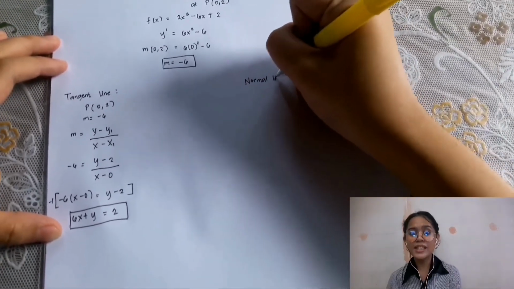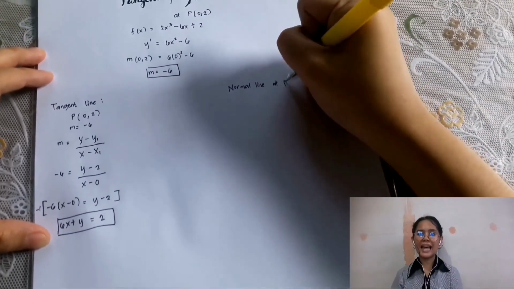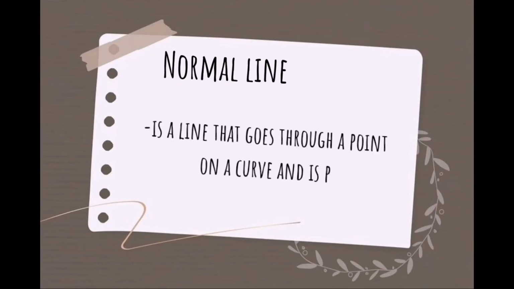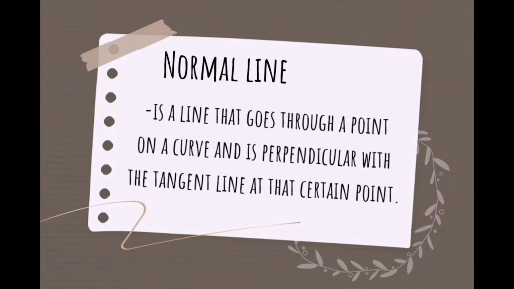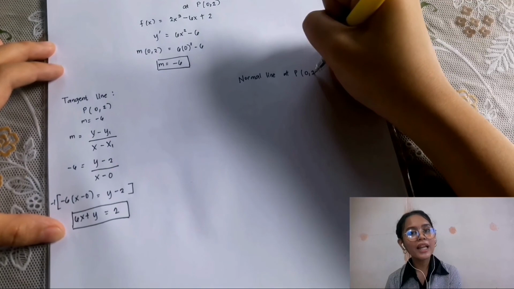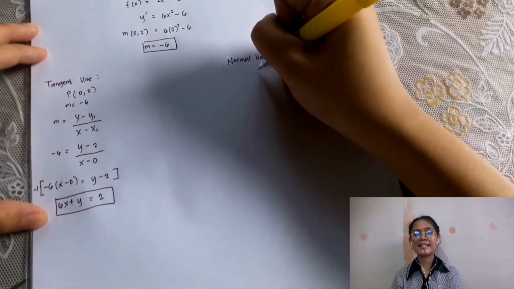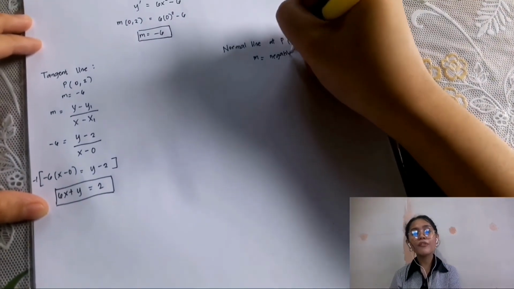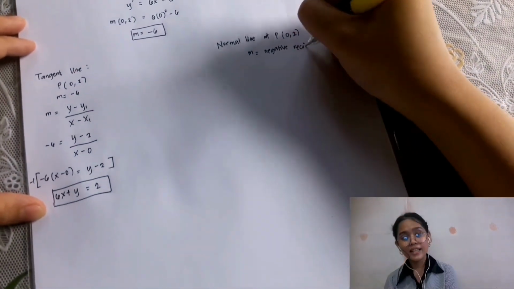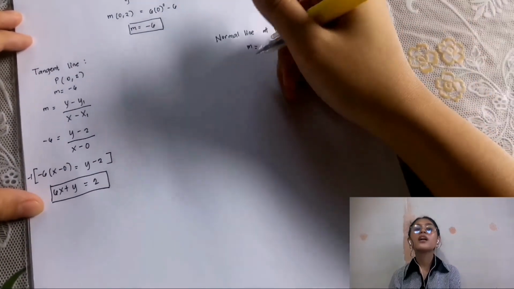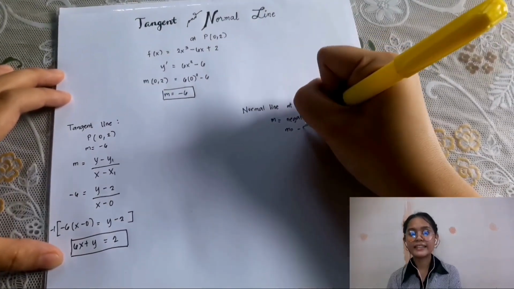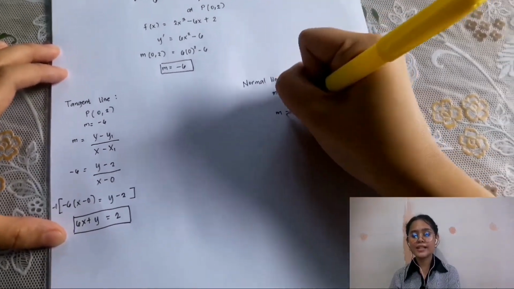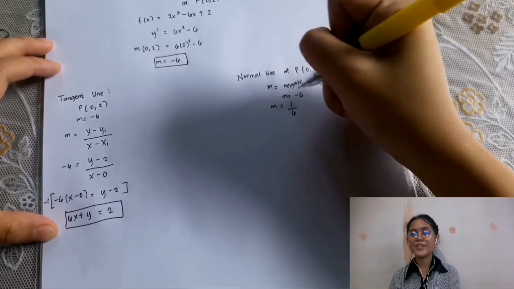The next thing we need to find is our normal line. Our normal line with the same point at 0, 2. And remember now that the slope of the normal line is the negative reciprocal of the slope of the tangent line. So our slope now is 1 over 6.